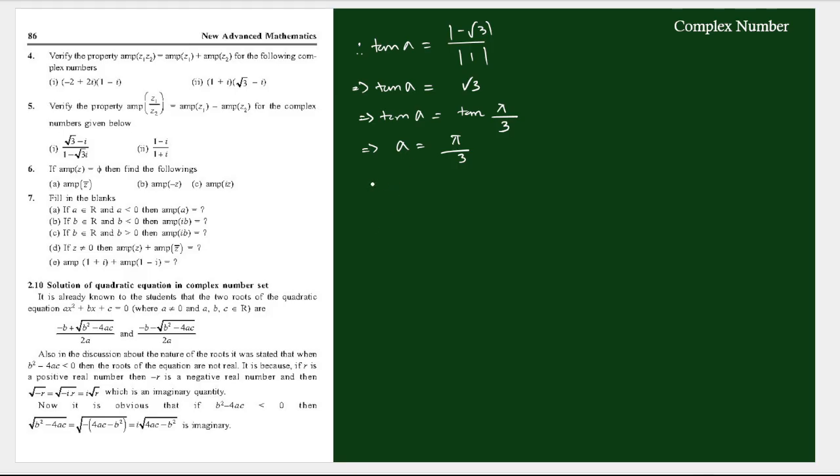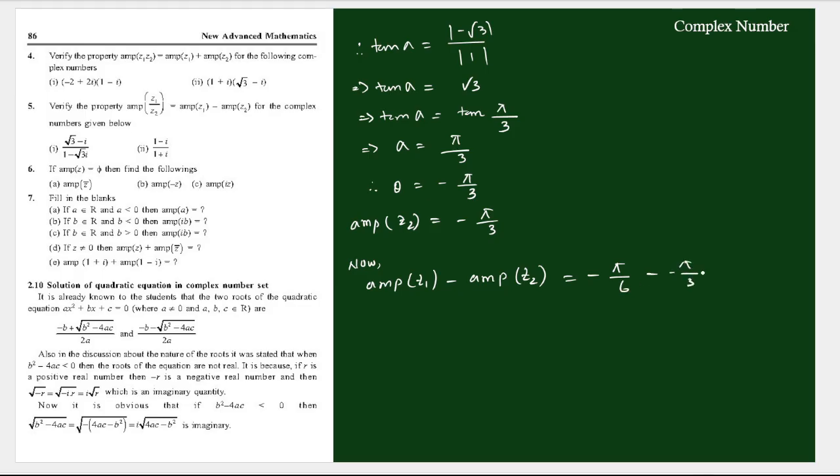So theta equals minus alpha, so minus pi by 3, or amplitude of z2 equals minus pi by 3. Now amplitude of z1 minus amplitude of z2 equals minus pi by 6 minus pi by 3, right?